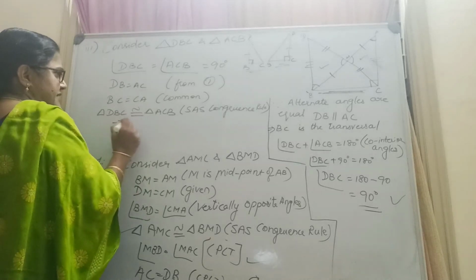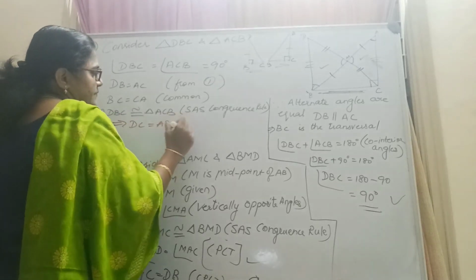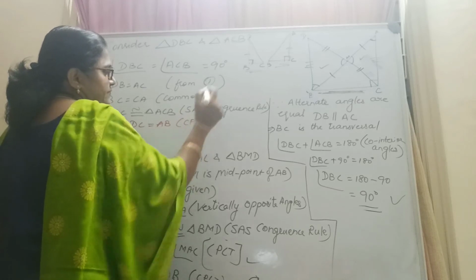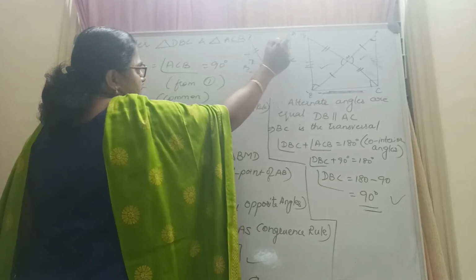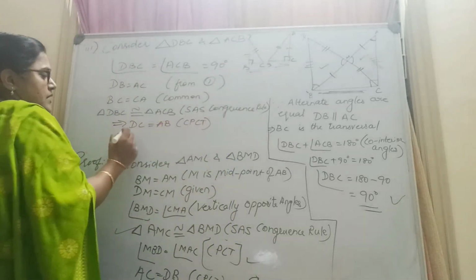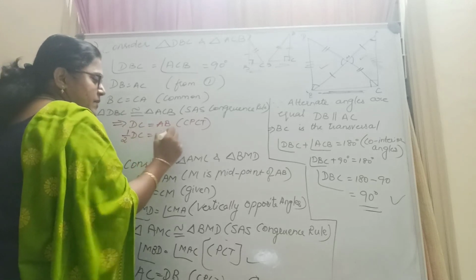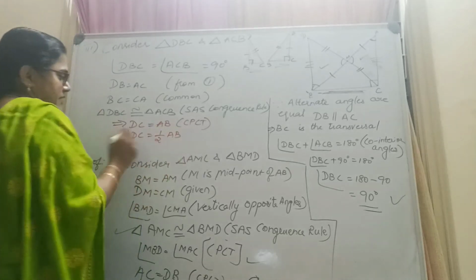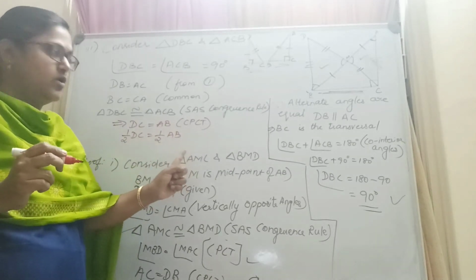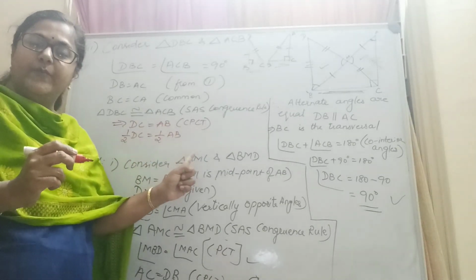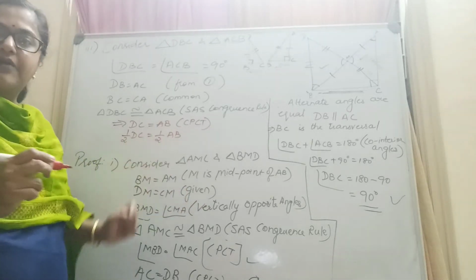This implies that DC is equal to AB. CPCT. Now half of DC will be equal to half of AB. Yes. DC is equal to AB. So their half on both sides, when you multiply by 1 by 2, they will be equal, right? Half of DC will be equal to half of AB.